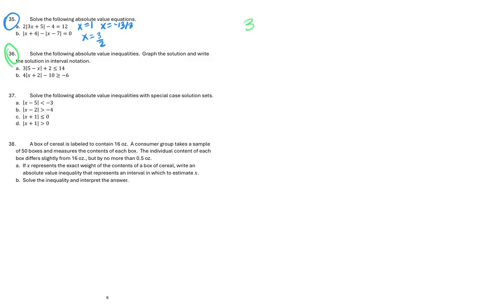So we're going to write out this first one, and we're going to have plus 2 and less than 14. So we're going to solve this like a regular inequality to start off. We'll get 12, and we'll have 3 minus 5 minus x. Then we're going to divide by that 3. Remember, if you divide by a negative, it flips.